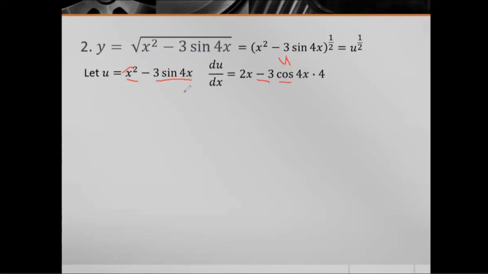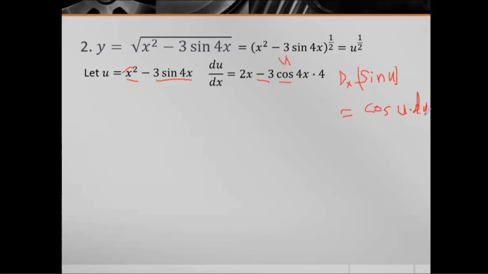Dahil meron pa siyang u, so gamitin natin yung sine u. Pag kinuha natin ang derivative ng sine u, equal yon sa cosine u du. Ayan, cosine u times du.